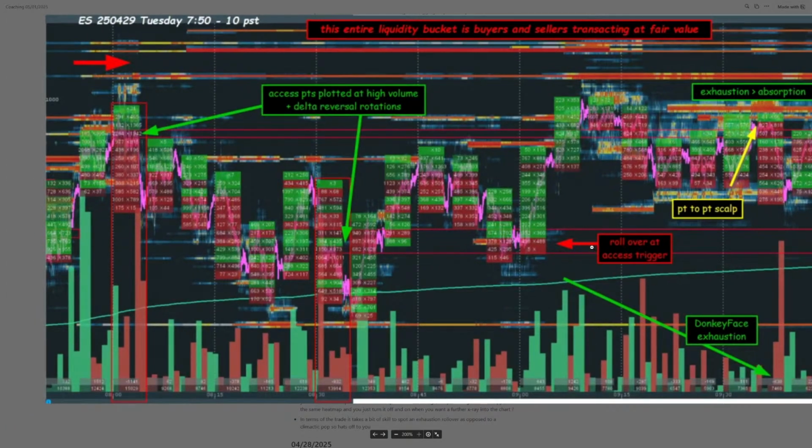To the far left, I have a high volume, high delta rotation marked out in a red rectangle, right below that big red arrow. So when I see that high volume and that delta reversal, I'm going to grab the volume at the price of that particular rotation and just drag it out and look for price to revisit that.